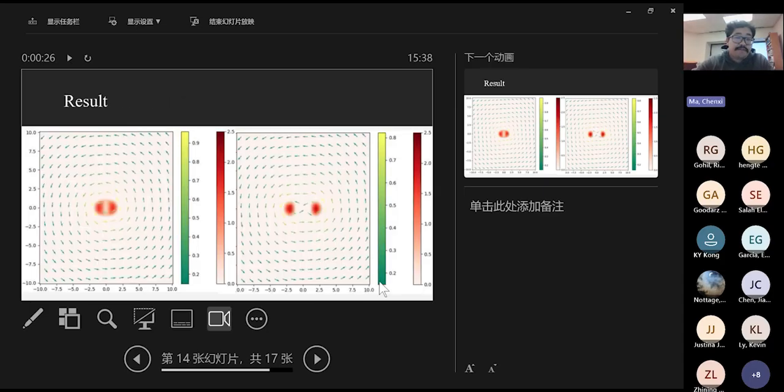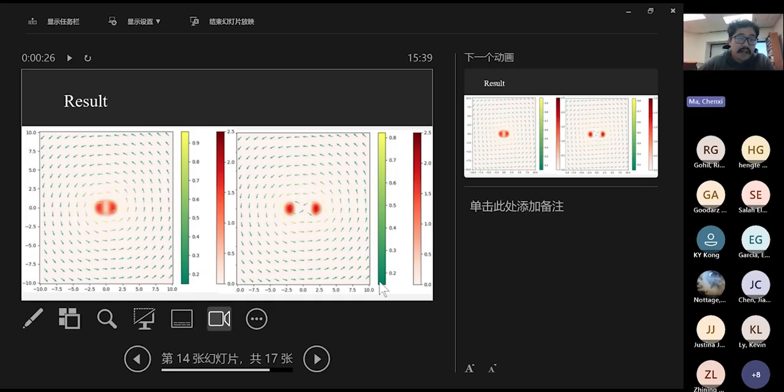In total, I calculated 2 cases. In the first case, on the left, the 2 vortices are put at negative 1, 0 and positive 1, 0, so d equals 1. In the second case, on the right, d equals 2, and we can see these 2 vortices are slightly farther away from each other.